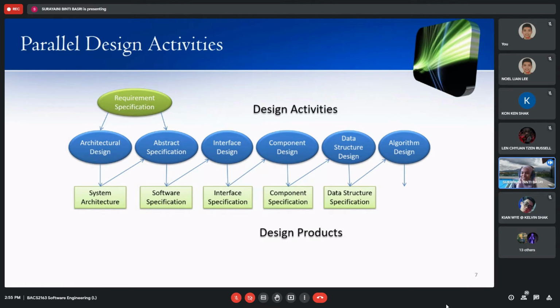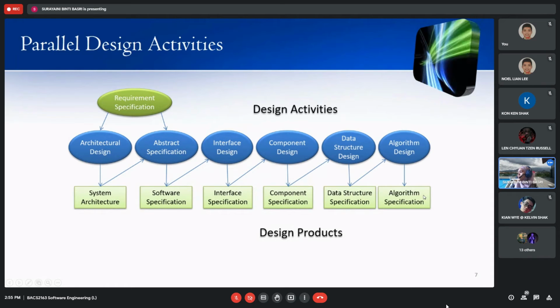Okay, so we'll proceed. After you have designed the algorithm, the product of it is the algorithm specification. All of these products are actually based on the company itself.